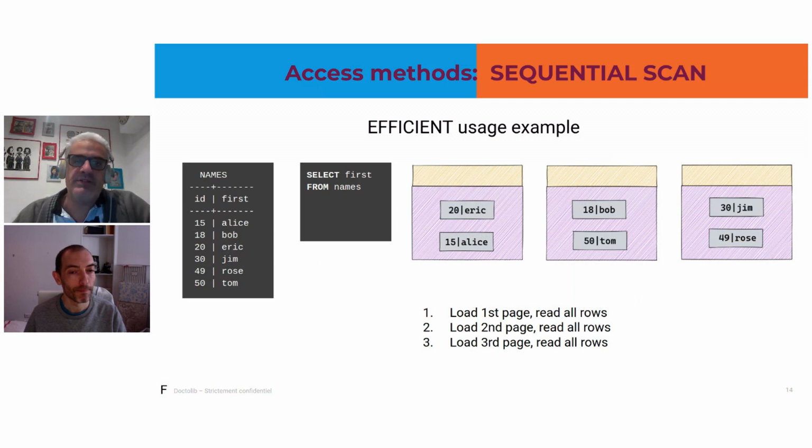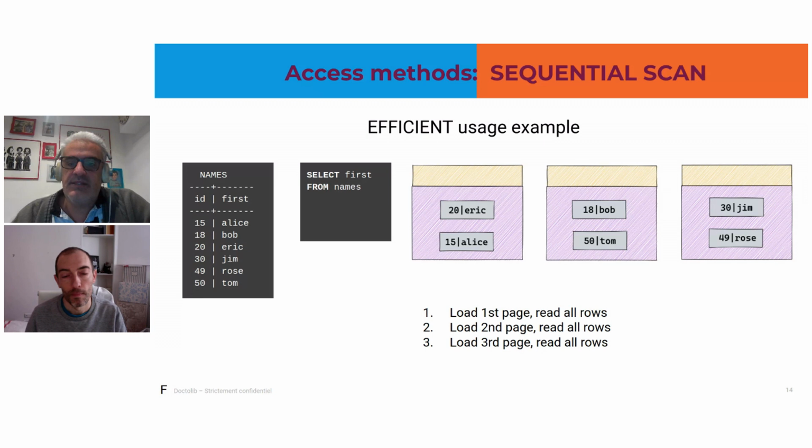The sequential scan is very efficient when we have to read a large part of the file. In this case, we make a very simple query: select star from names. There's a table called names, and when we don't put a where clause in the command, we will retrieve all the rows from the table, so we scan the whole table from the beginning to the end.